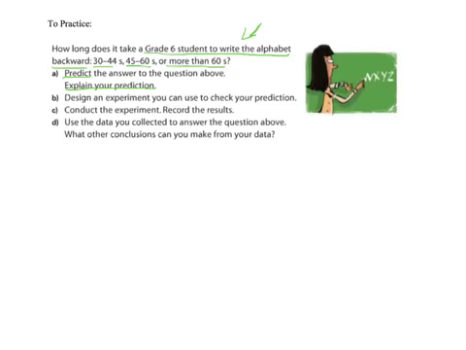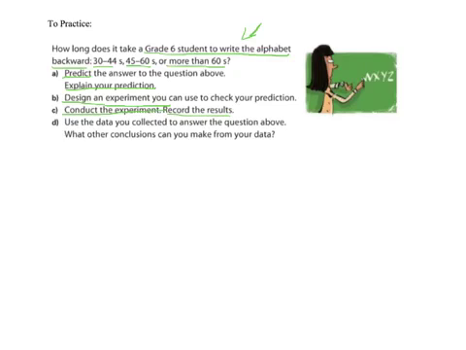Then you need to move on to design the experiment. How are you going to design your experiment to check? Go through, what are your steps going to be? What's your procedure? Again, it's a scientific experiment, so you're going to need to write out your procedure. Next, you need to conduct the experiment and record the results.